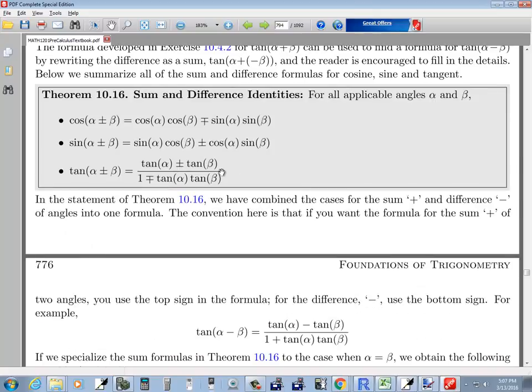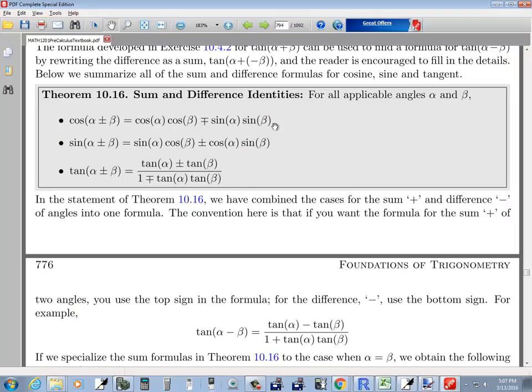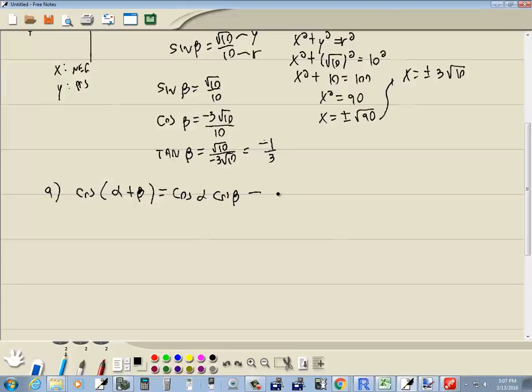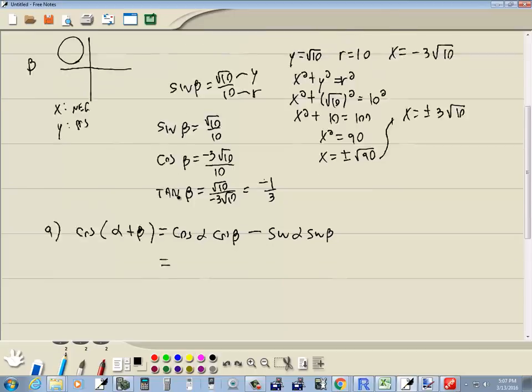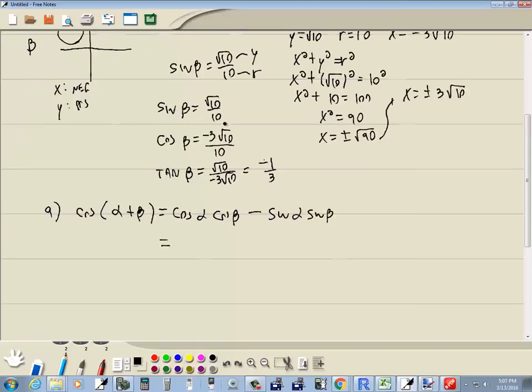Here we are. Cosine of alpha plus beta is equal to cosine alpha cosine beta minus sine alpha sine beta. Well, now we get these values from up above. Cosine alpha, we said, was square root of 5 over 5.